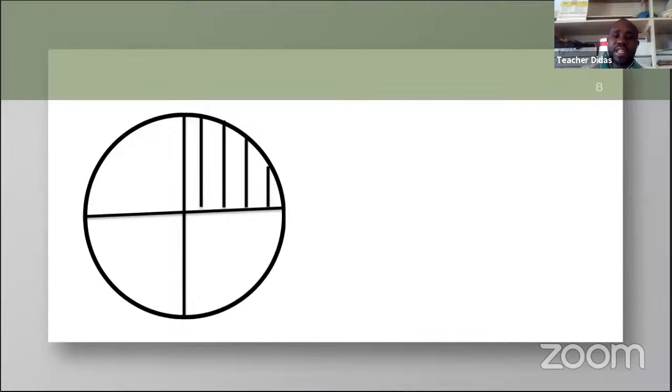How many have I shaded? 1. And what fraction do I have now? Quarter. Yes, I've shaded one part, but all the parts were 4, and that fraction is called a quarter.